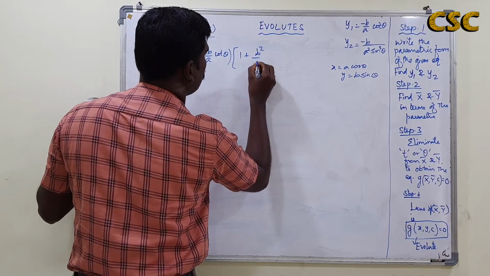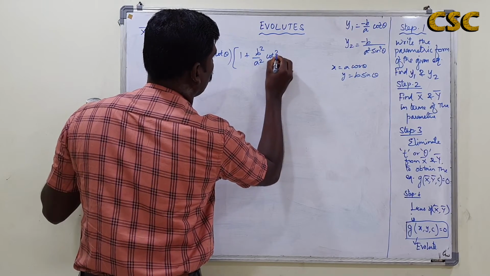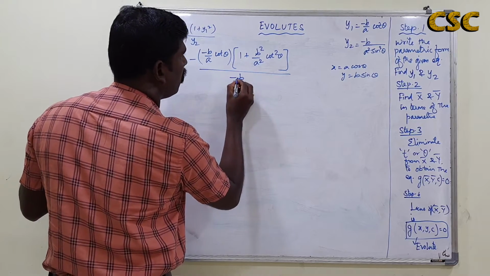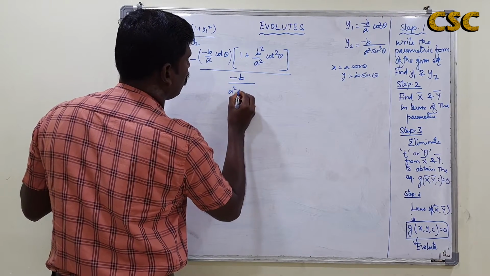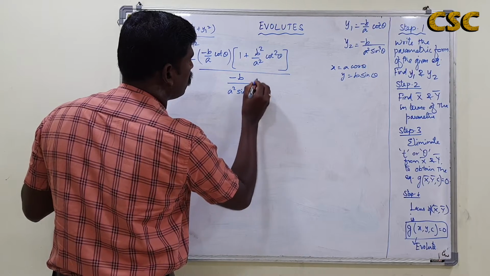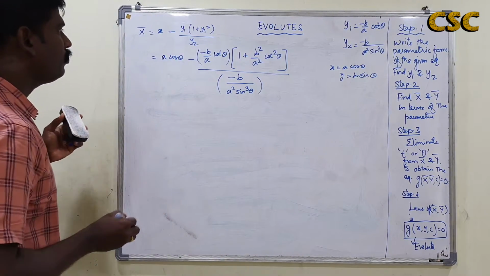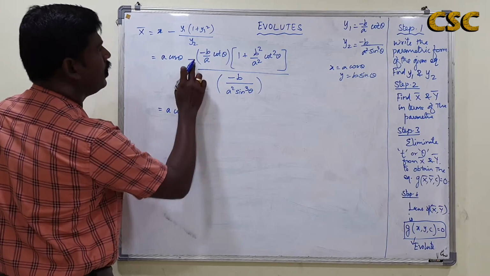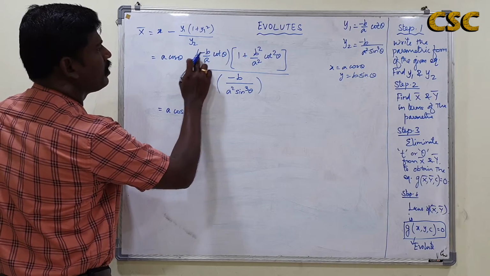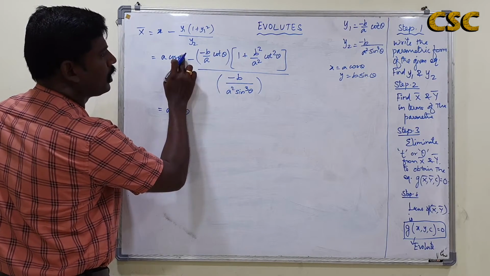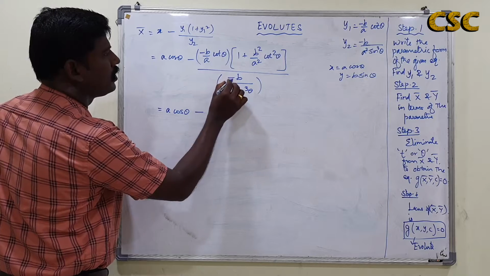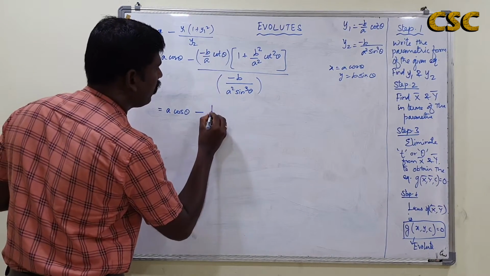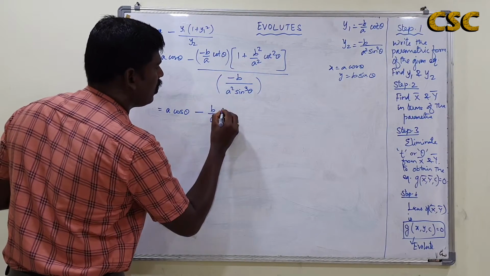So b square by a square cot square theta divided by what is y2? Minus b by a square sin cube theta. Right? So a cos theta, this minus into minus will become plus. This minus together with the plus will be minus. Three minus signs are here, so minus into minus becomes minus b by a. What is cot theta?